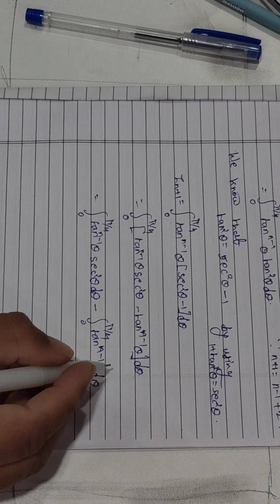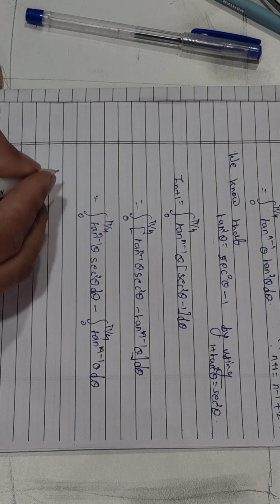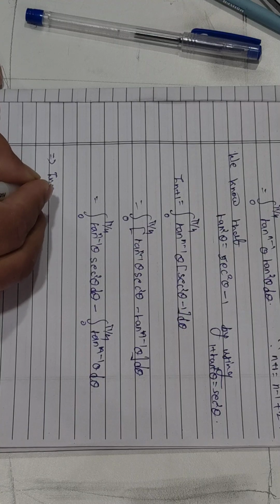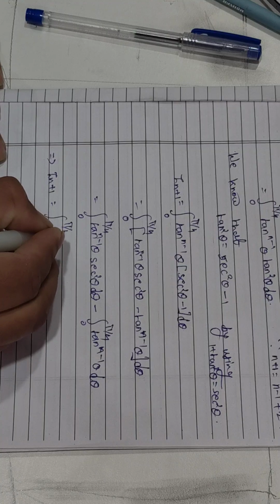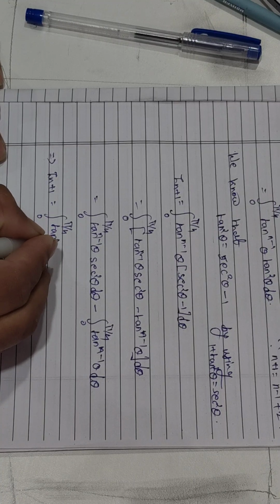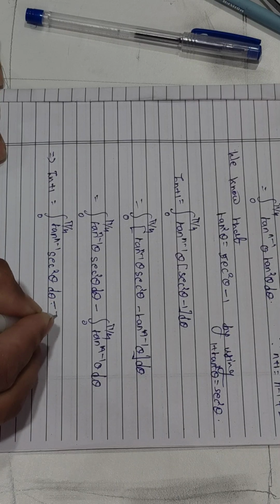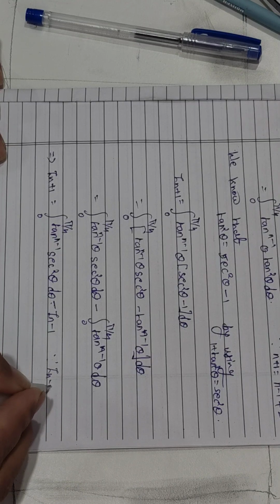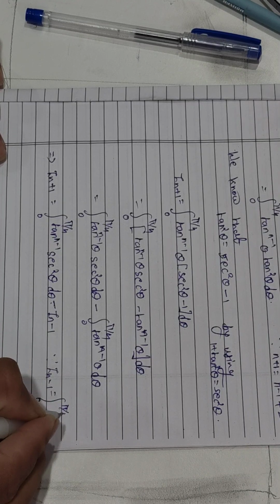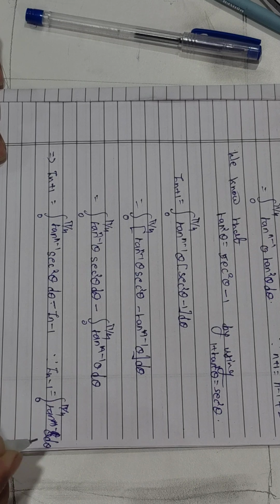Here integration 0 to pi by 4 tan raised to n minus 1 theta d theta is I_{n-1}, which implies I_{n+1} equal to integration 0 to pi by 4 tan raised to n minus 1 theta sec square theta d theta minus I_{n-1}. Clear?